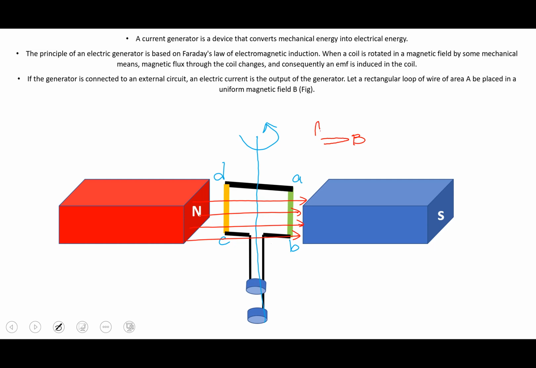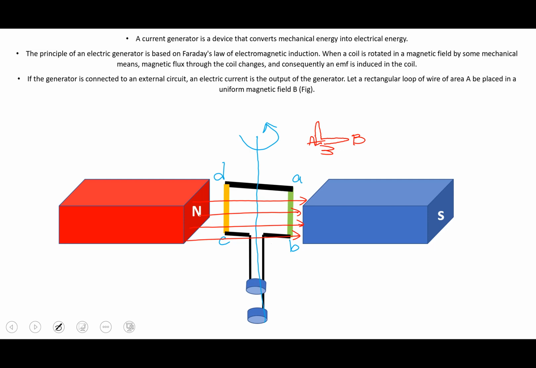Let's say the magnetic field is facing upwards, and the motion of that body will be into the page. So in that case, we show the thumb in this direction. This is the movement of the current in this case.